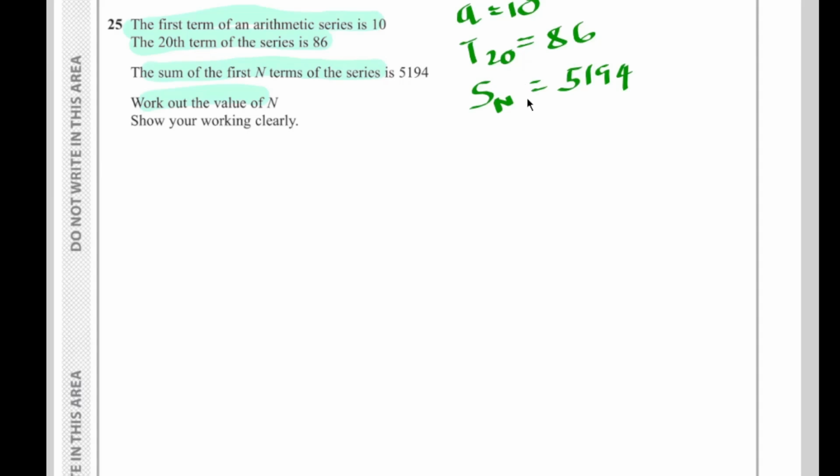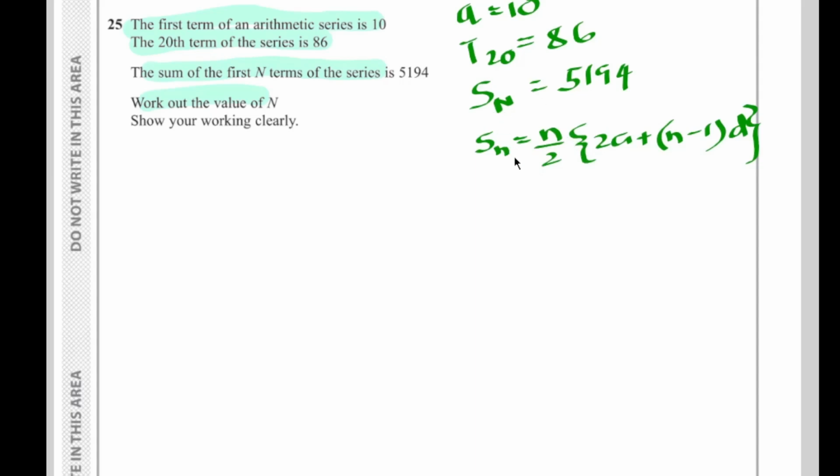Now, if I want to get what n is, I'm going to write the formula for this one, which comes with the formula sheet. So it is Sn equals n over 2 times 2a plus n minus 1 times d. Let's see what we've been given to substitute into this one to get what n is.